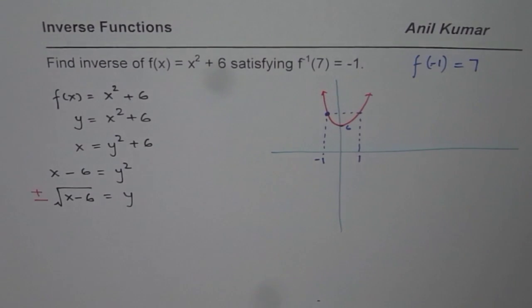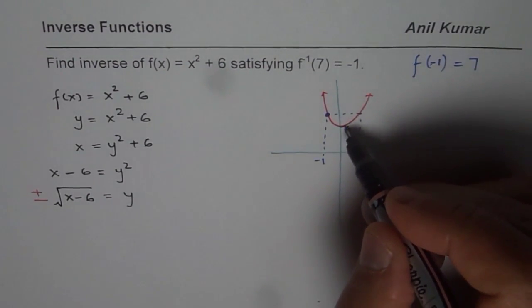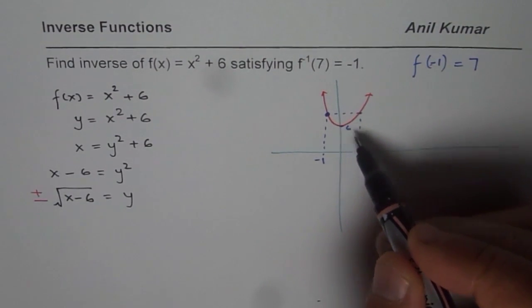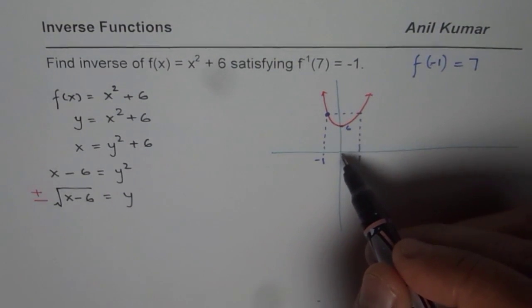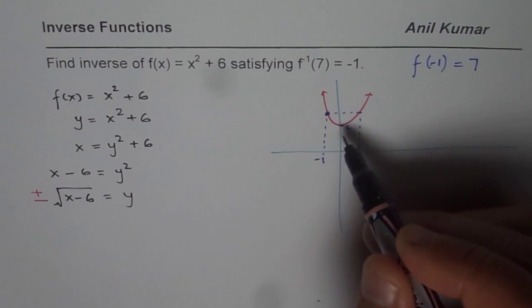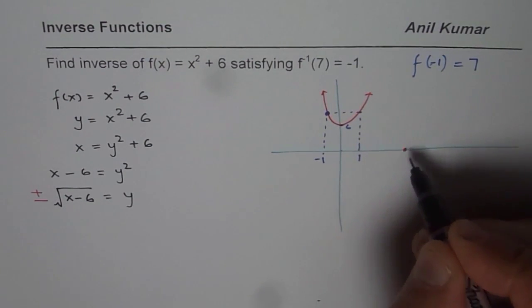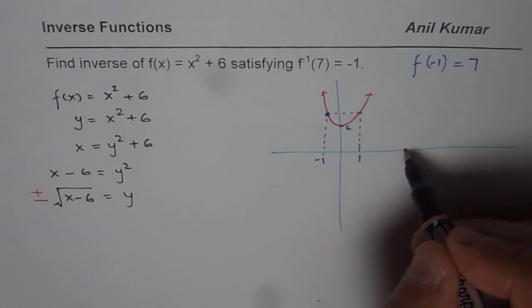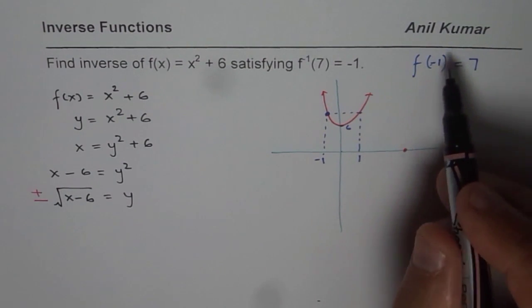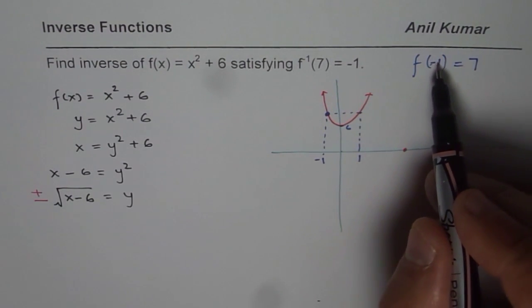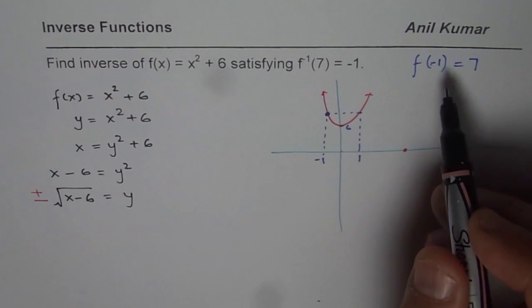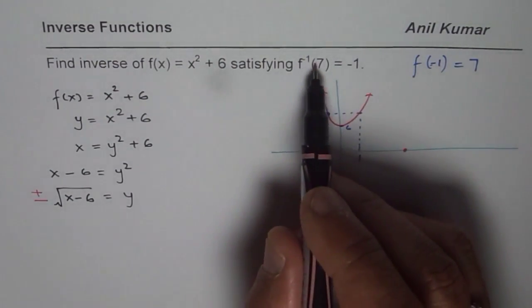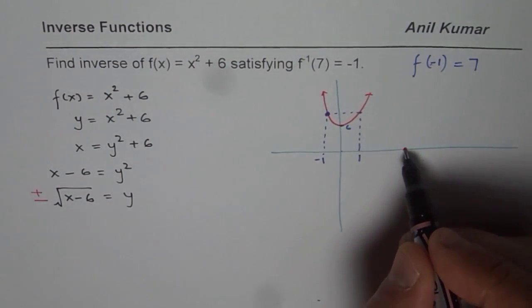Now let me sketch and show you how we can find the answer. When you find the inverse, the coordinate points flip. So instead of 0, 6, the coordinate will be 6, 0 for our parabola. Now since we want the function at minus 1 to be 7, we are looking for the lower half of the function.